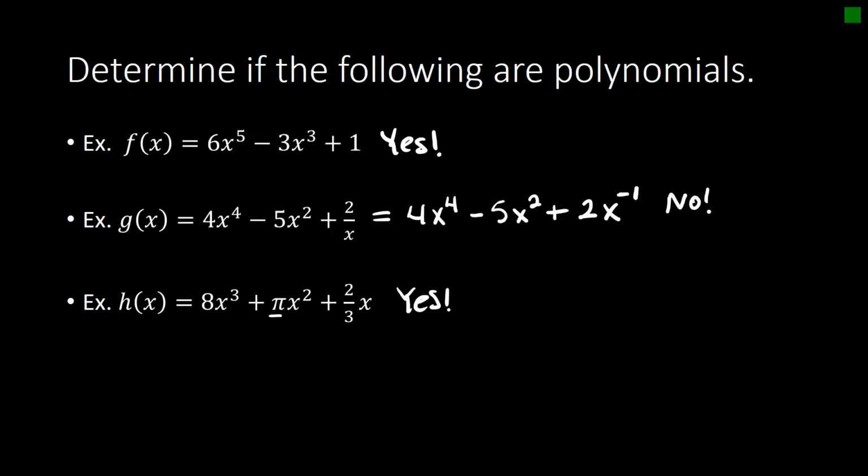You can have a fraction as your coefficients here, but you just cannot have them as powers. The next example, we have x to the 1/5 minus 5x, and no, this is not a polynomial because, again, 1/5 is not a whole number. You cannot have a power as a fraction.